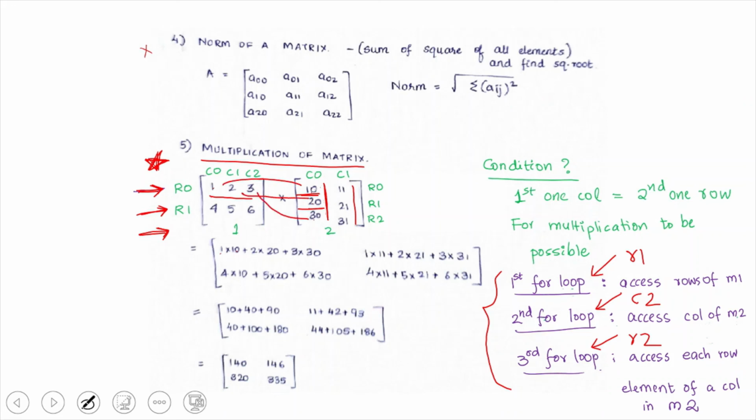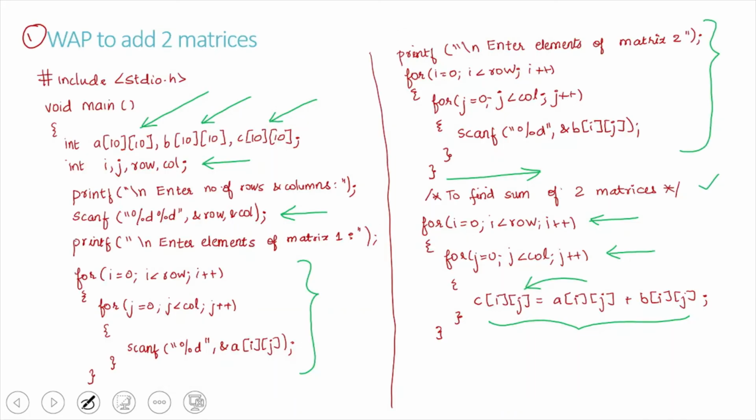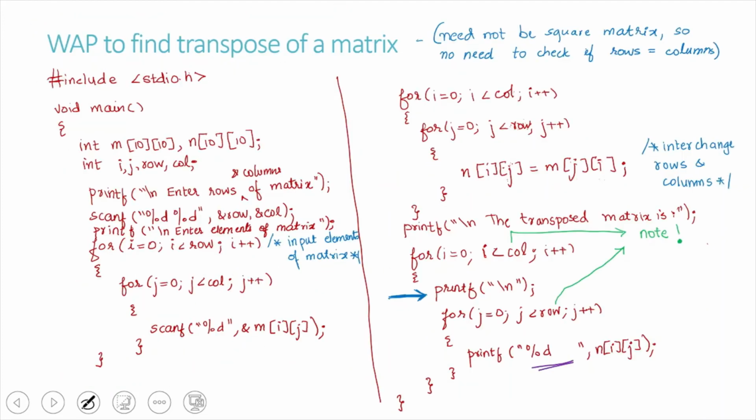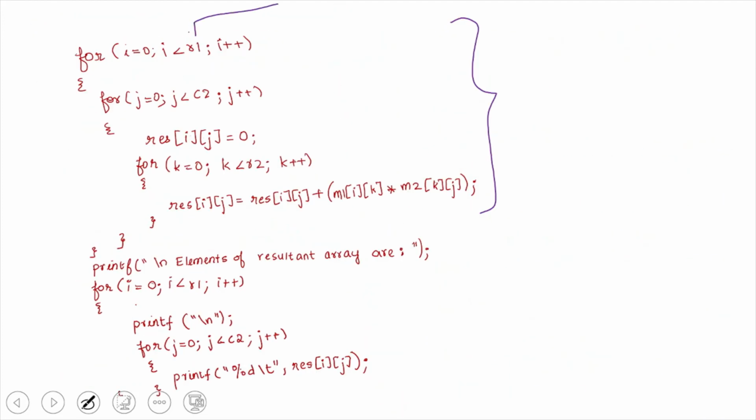So the 3 for loops have been explained and the limits have been explained. So using this, we can write the program. So the first for loop will have the limit R1, the second will have the limit C2, and the third for loop will have the limit R2.